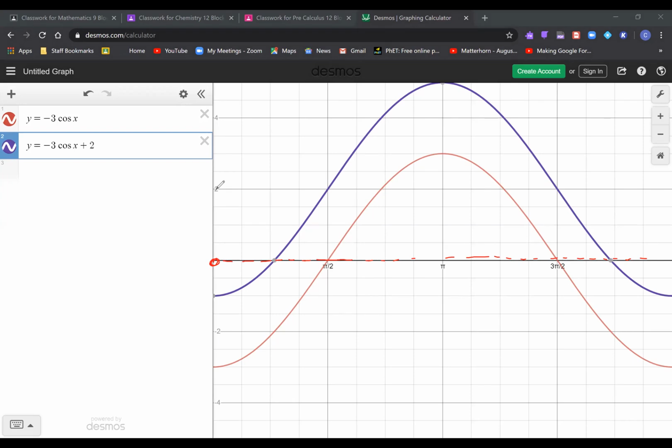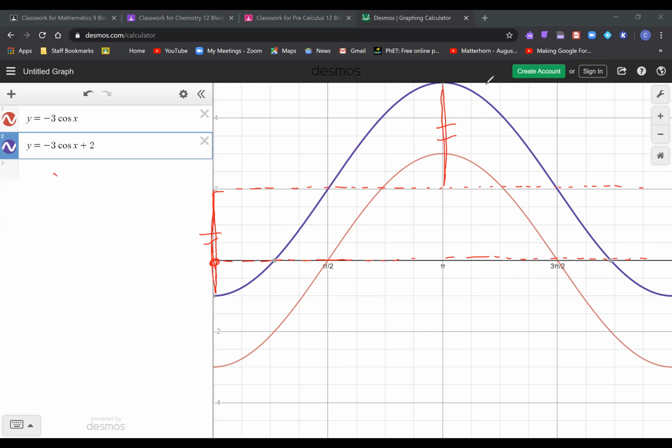So it looks to me like this is the middle line for the purple graph. And that now has an amplitude of 3 that way, and from this side down here, that's also three units. So this 2 on the end tells us where the midline is. That's actually quite helpful. So why don't you guys try this question?